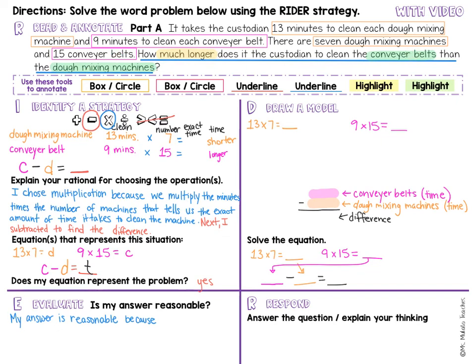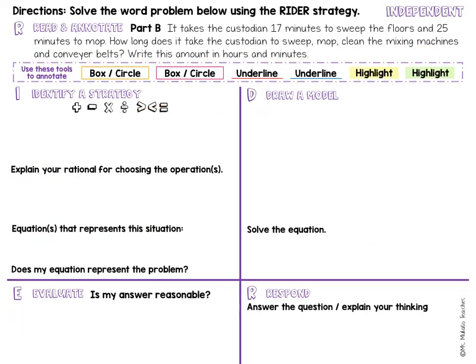Before you go on to the next slide to do this, I would like to talk to you about your independent work. The following slide is listed as independent work. You will solve this problem independently.